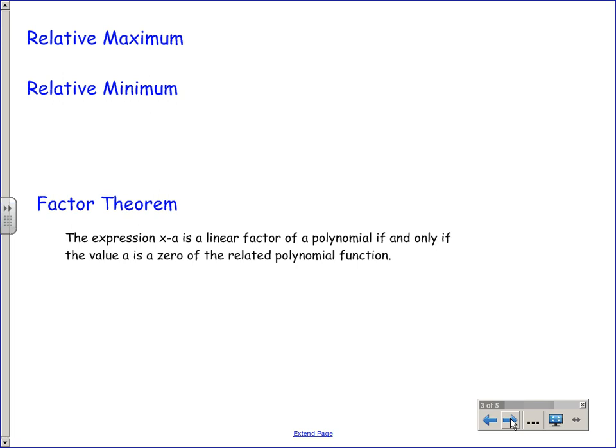Okay, the next thing we want to talk about is relative maximum and relative minimum. And we've already used the trace feature to find a maximum or minimum, but we've been doing parabolas which have what we call an absolute maximum or minimum, and that's the biggest value that the function ever has, or the smallest one.